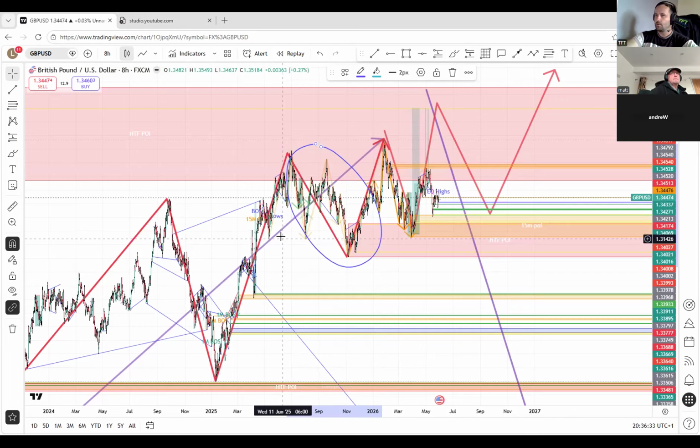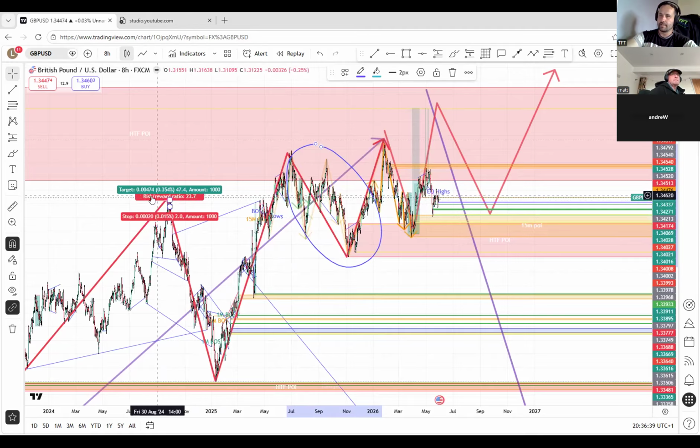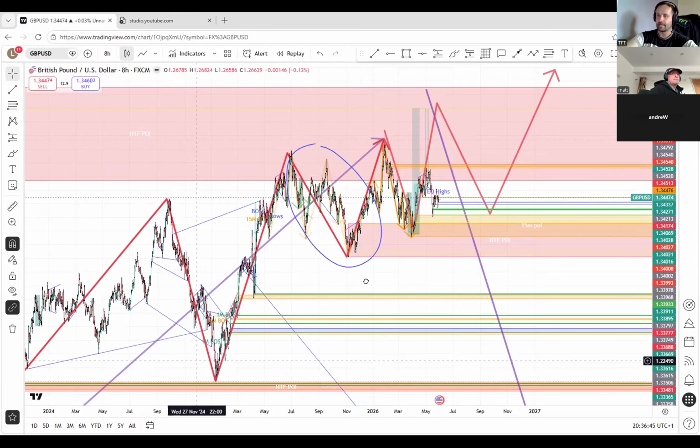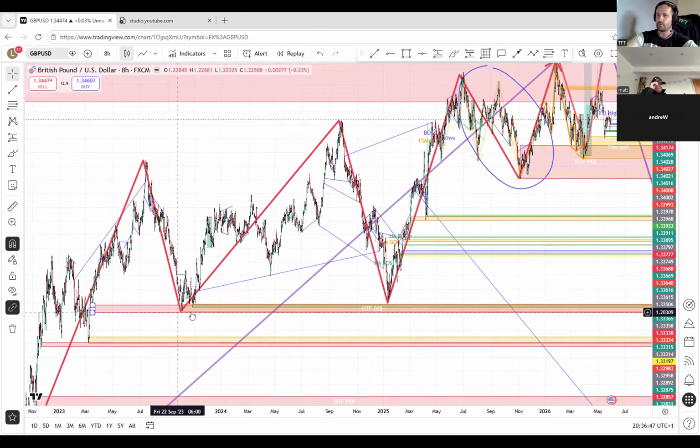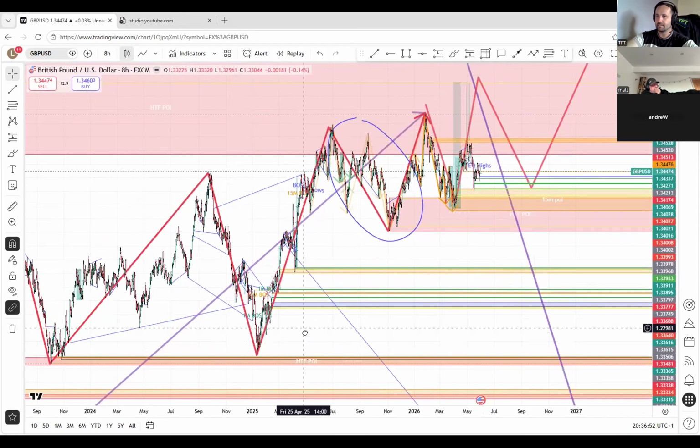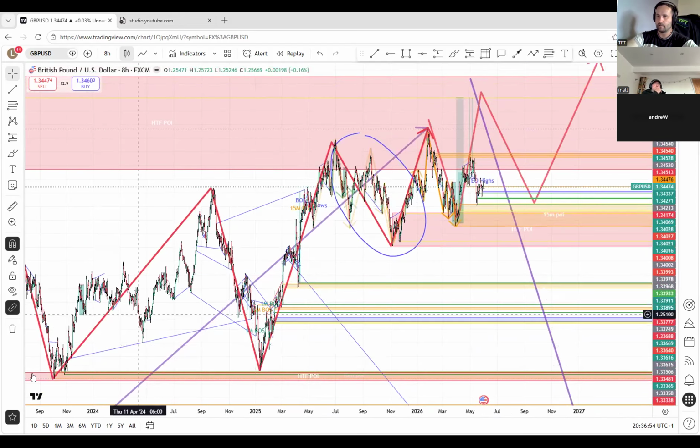It could just be a 15-minute pullback as well, because it meets the rules as it comes below this high here. Obviously the previous structure is we have a low, we put in the high, we pull back roughly 90 to 95 percent of this leg here. Then it takes the high and then it pulls back.